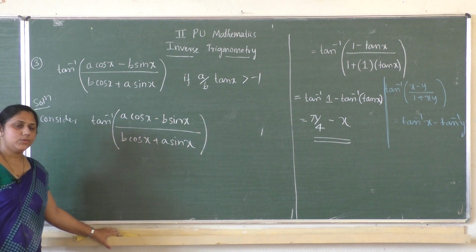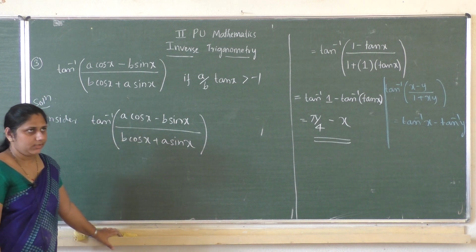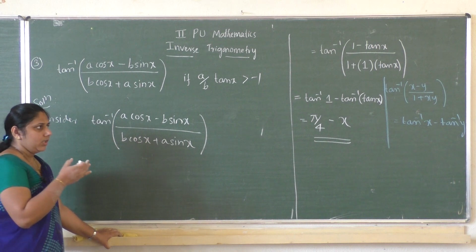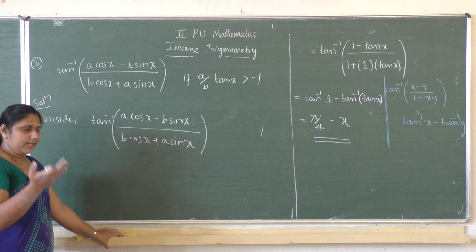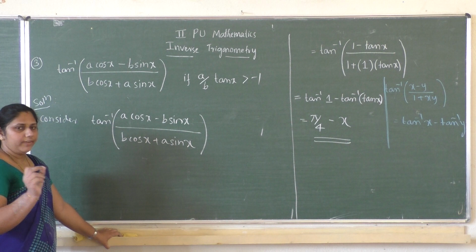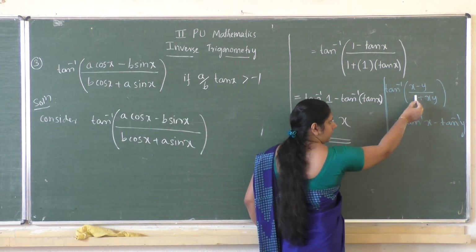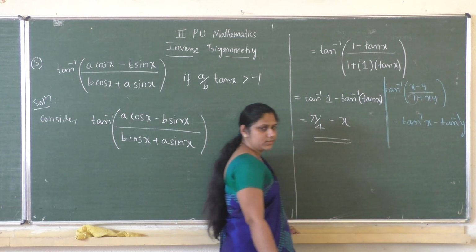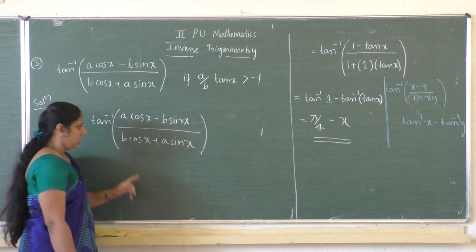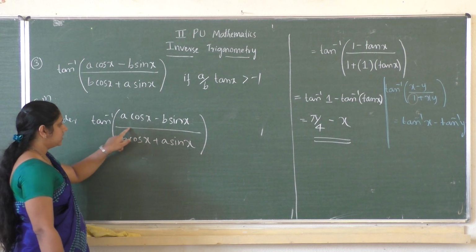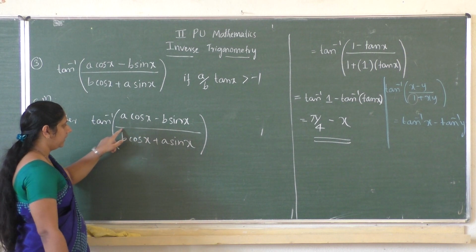See, if you have to use either tan inverse x plus tan inverse y or tan inverse x minus tan inverse y, in the denominator, on the right hand side, we have the term 1, right? This term will be the constant 1. So if I have to use the same formula, we must have 1 in the place of this term.